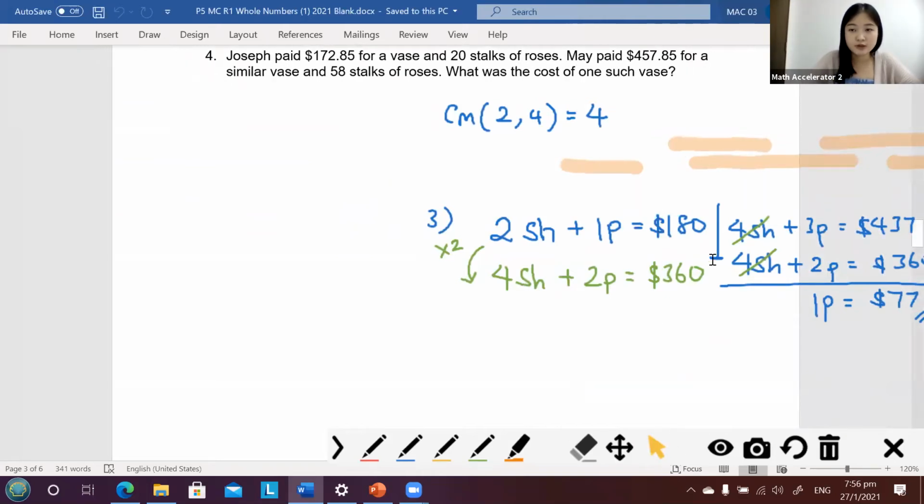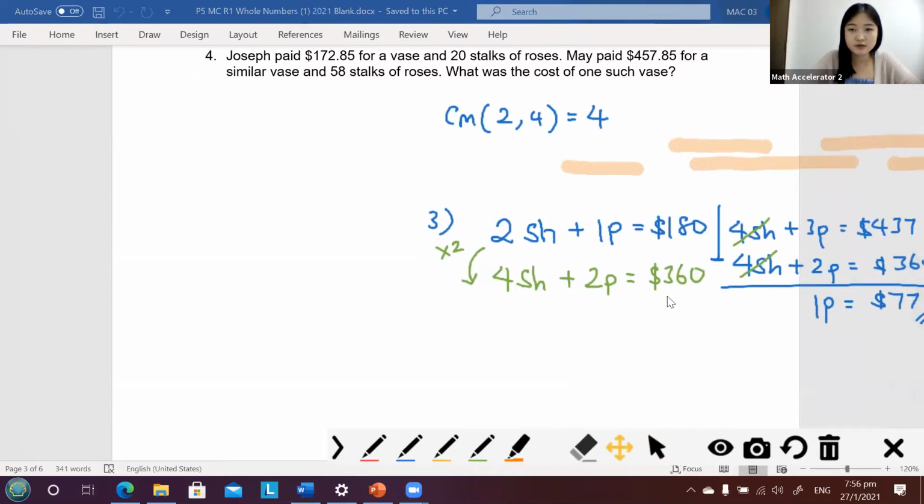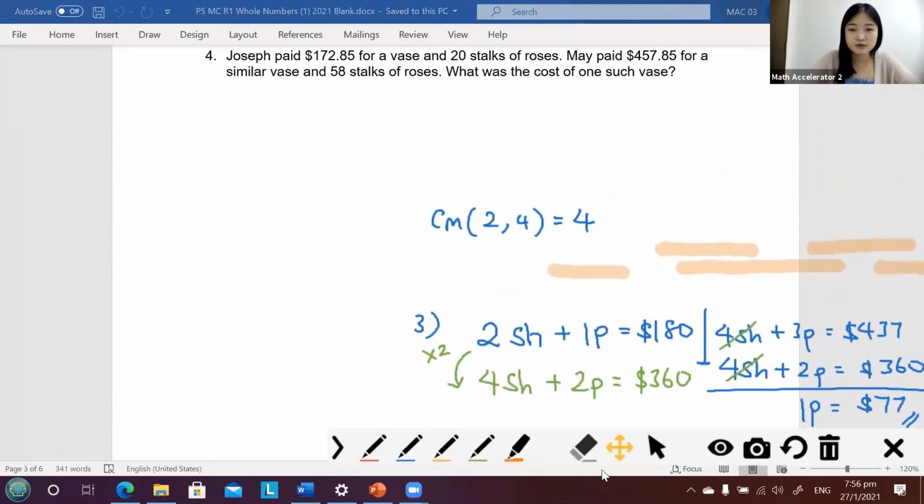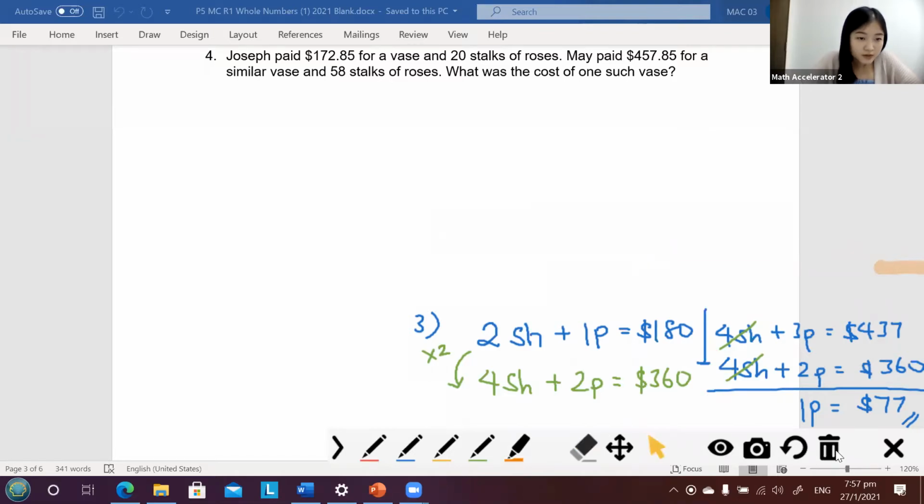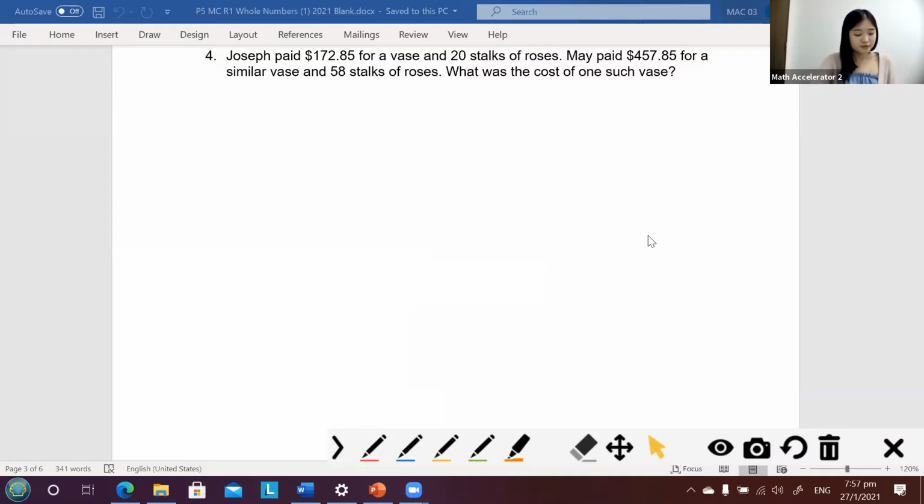Okay, I'm going to clear question 3. So for question 4, since we've gone through 3 questions already, go ahead and write down your 2 equations.